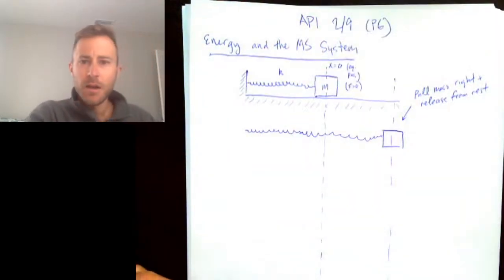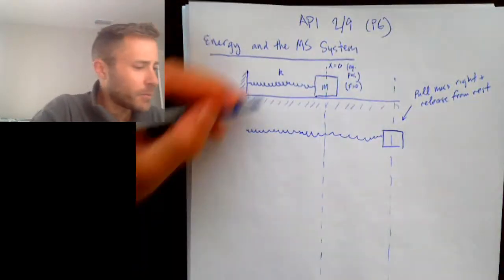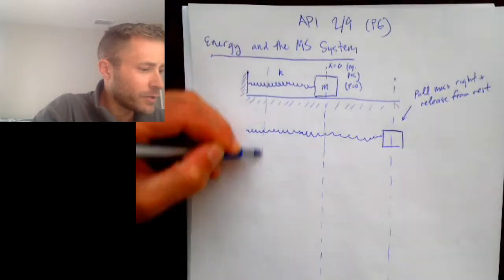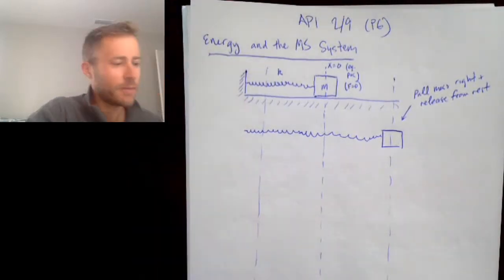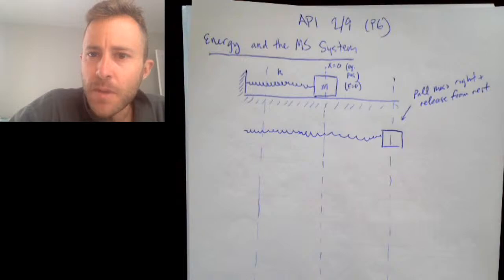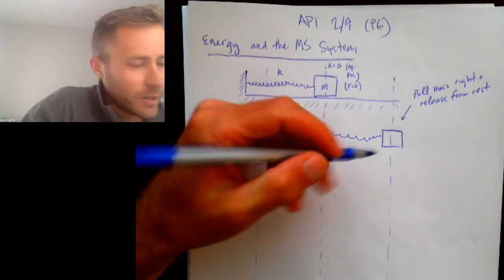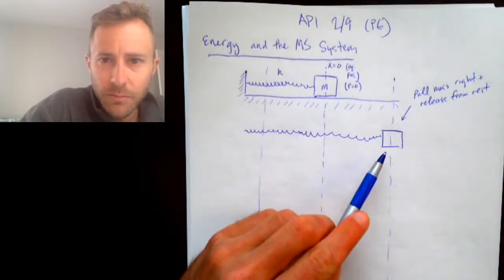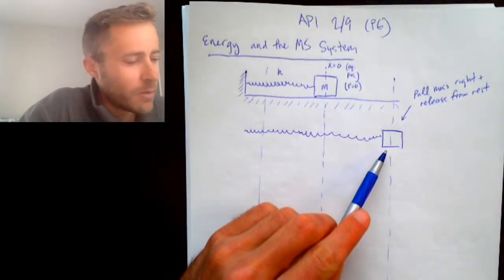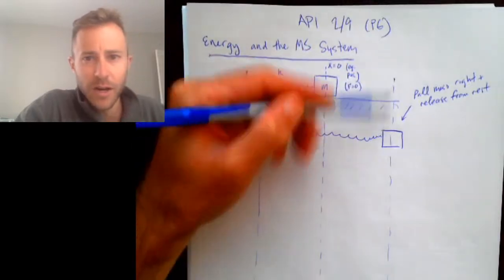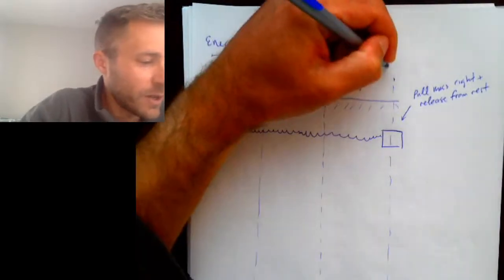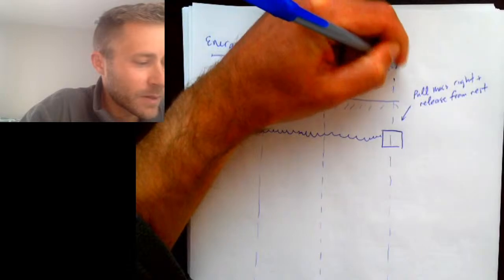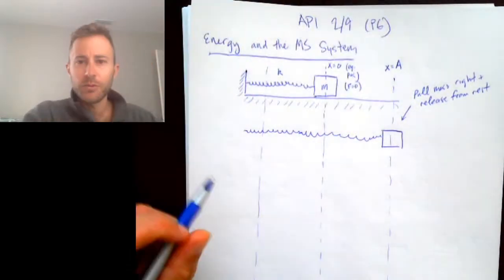I'm going to draw another guiding line on the symmetrical line on the opposite side. Because we're releasing it from rest, the mass is never going to be able to go right of this point. So this is actually the amplitude. Okay, it's released from rest.